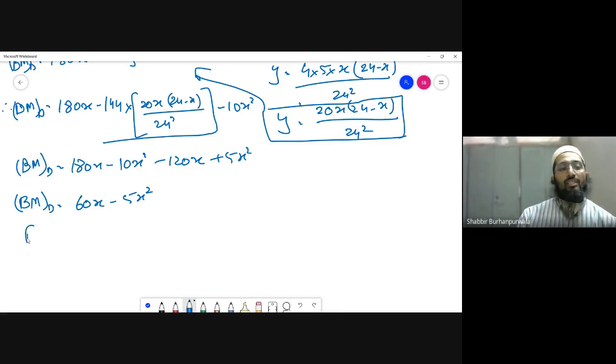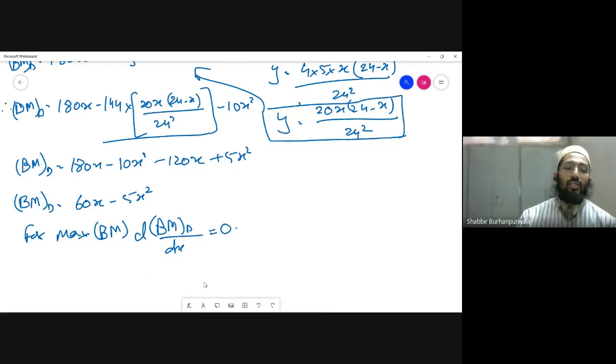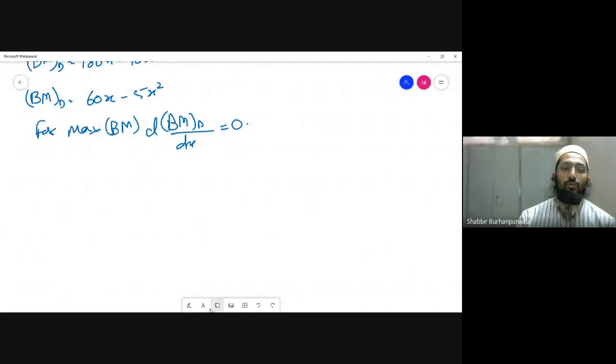Now for maximum bending moment, what we have to do is differentiate the bending moment at D with respect to x and equate it to 0. If you take the derivative and equate it to 0, you will get the location of the maximum bending moment.